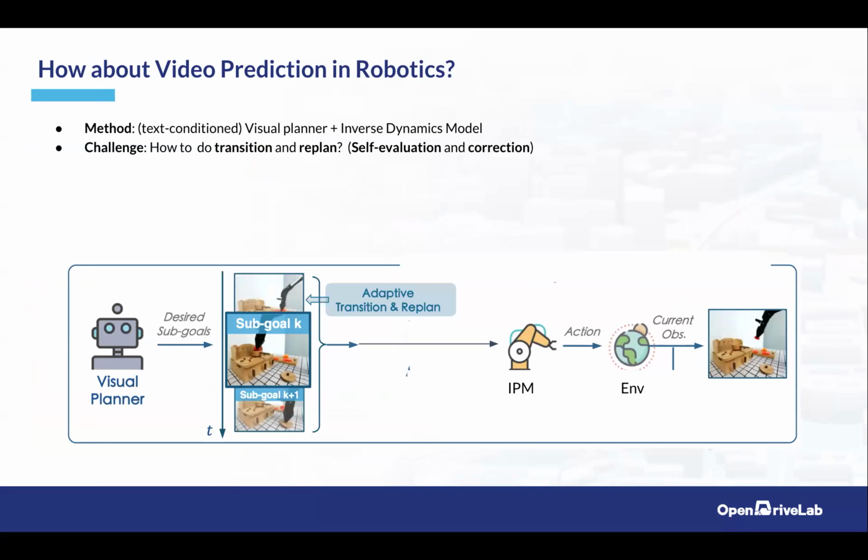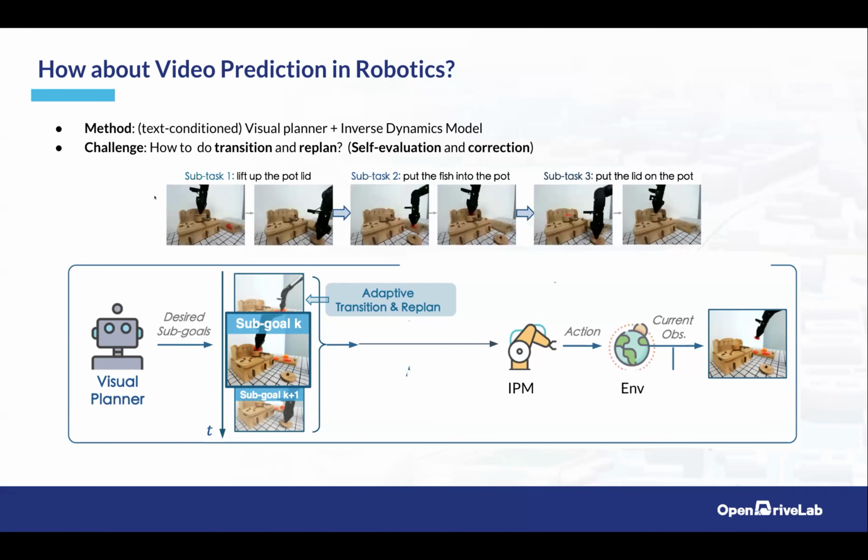For the final part, how about video prediction in robotics? The MPI work also only predicts one frame, but how can we apply the popular video prediction work in robotics? The challenge here is that video prediction has difficulty determining the transition and the replan.